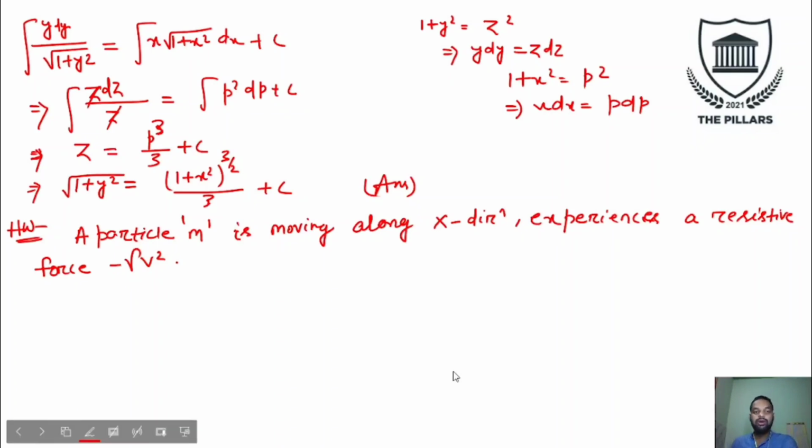Here gamma is a constant. Let me write it down, otherwise you can assume anything. So gamma is constant.